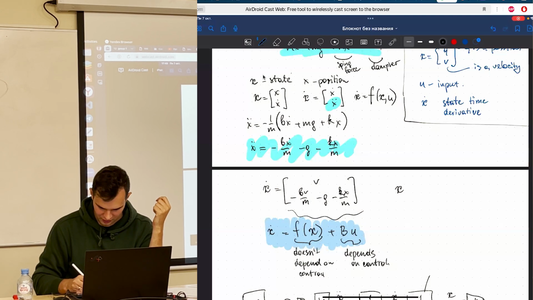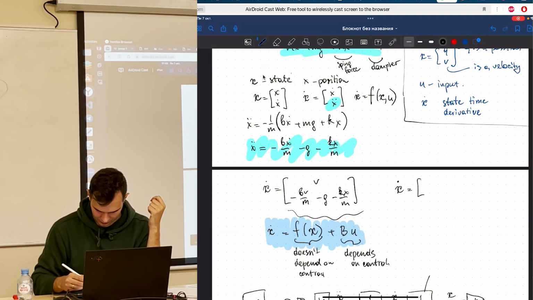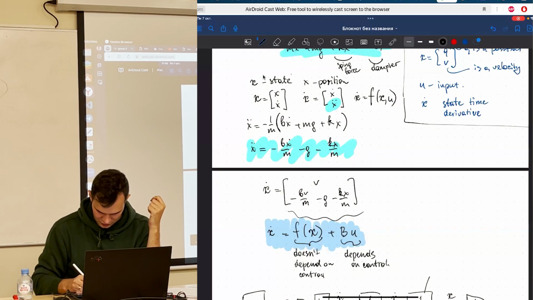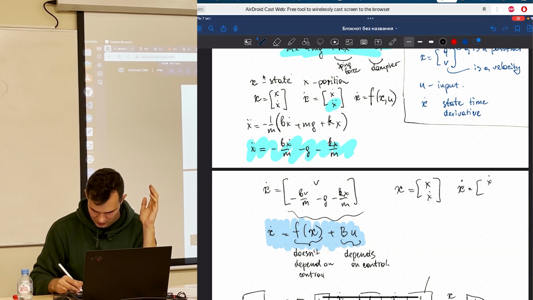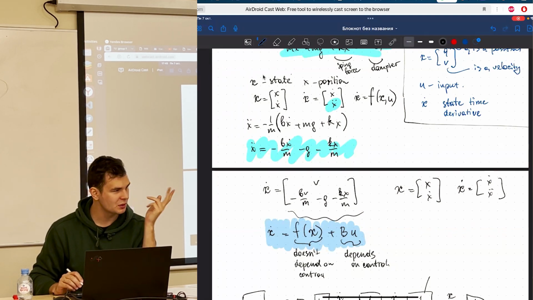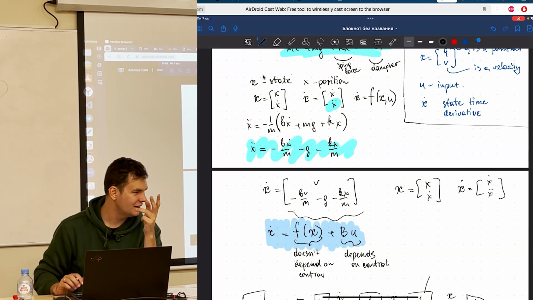There's the beautiful x, the state, which is position and velocity, right? And if you take a time derivative of this beautiful state, you will have velocity and acceleration. Remember, there were two different x's.